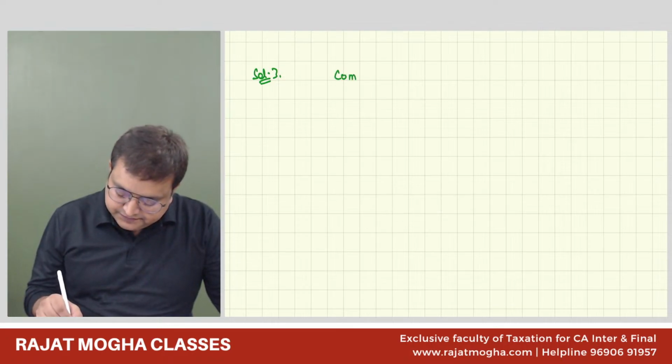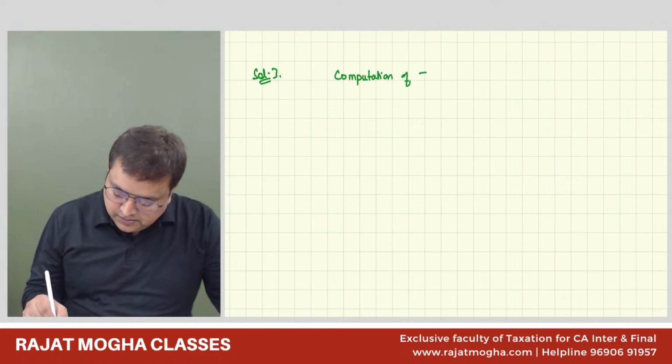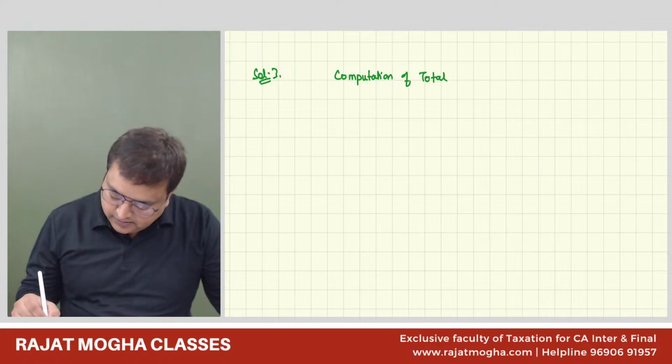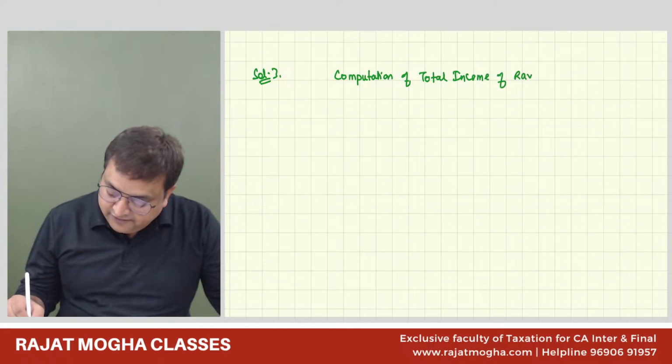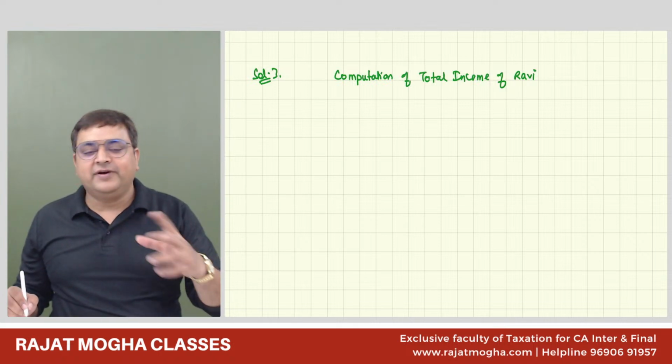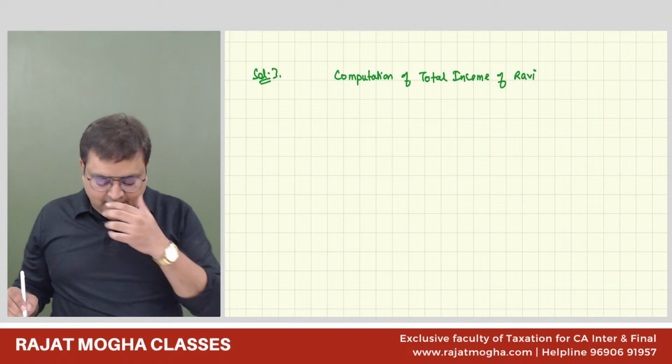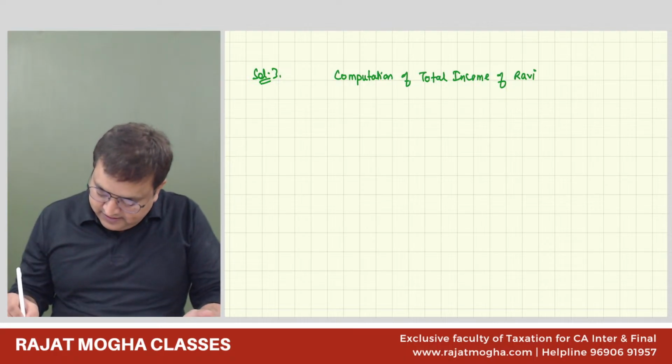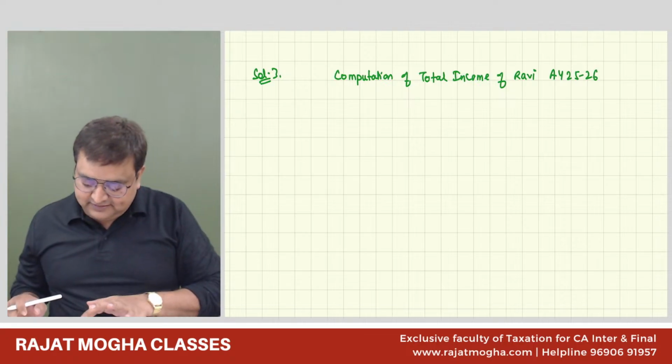Computation of total income of Ravi. This is one of the difficult questions of house property. If the difficulty level comes, this is one of the difficult questions of house property. Assessment year 25-26.